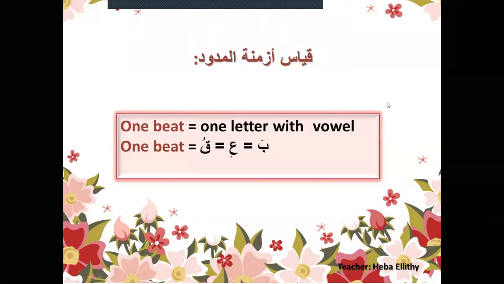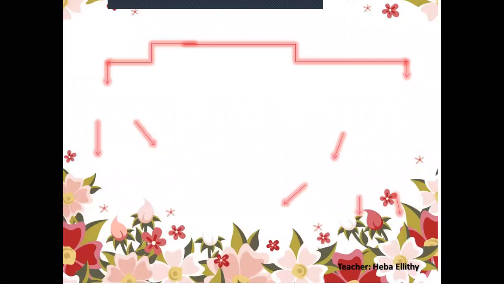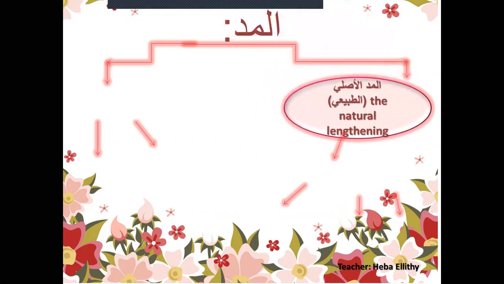Let's see what we have here too. We have the total chart of Mudood. We have المد الأصلي الطبيعي, the natural lengthening, and the secondary mad, المد الفرعي, the secondary lengthening.